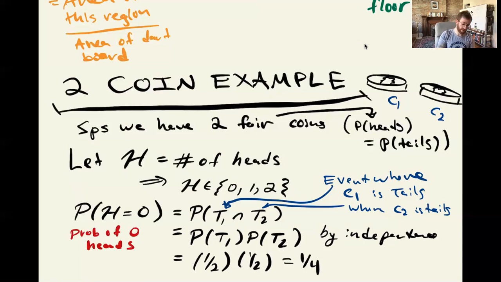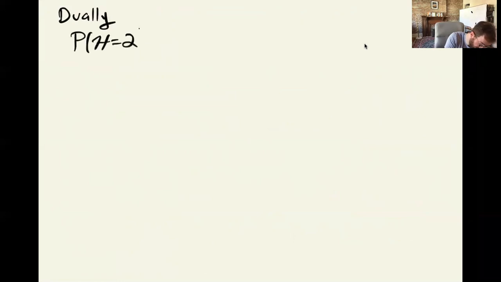All right, so that was super easy. Let's go ahead and do the next easiest thing. Dually, I could say that the probability that I have 2 heads is the same thing as the probability of T1 not happening and T2 not happening.